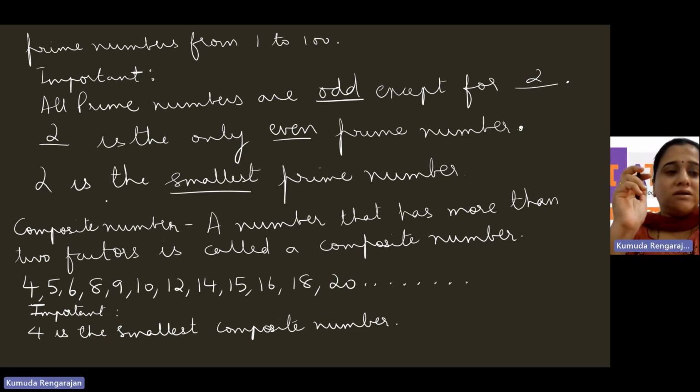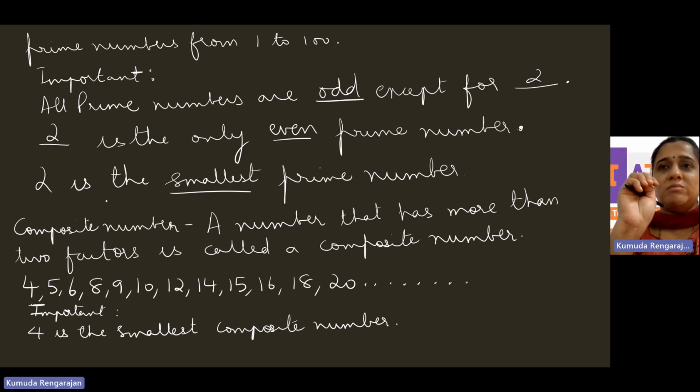Now, we have not considered 1 in prime numbers nor in composite numbers, because what is the definition of a prime number? It should have exactly 2 factors, not at least, exactly 2. And what should the 2 factors be? 1 and the number itself. Now, if you take the number 1, it happens in its own table, 1.